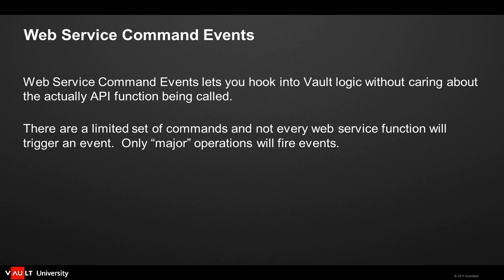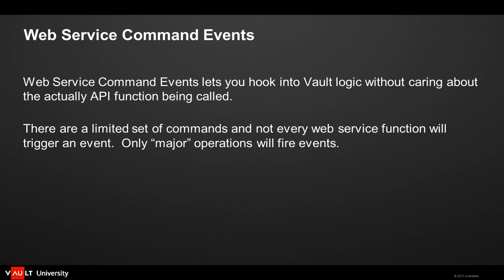So we're basically giving you the idea to hook to these groups of functions, and you can't really hook to everything in the web service API because there's hundreds of things that you can do. We decided only to focus on some of the major actions that people want to do. So for example, things like checkout. We've got events for that because we know that a lot of people want to hook in at that point.